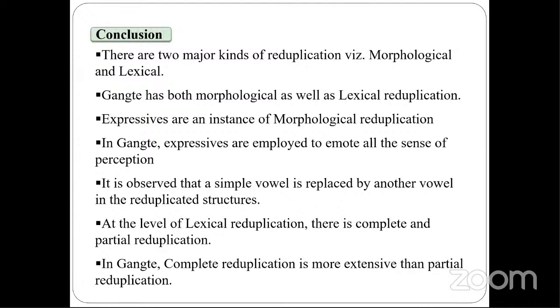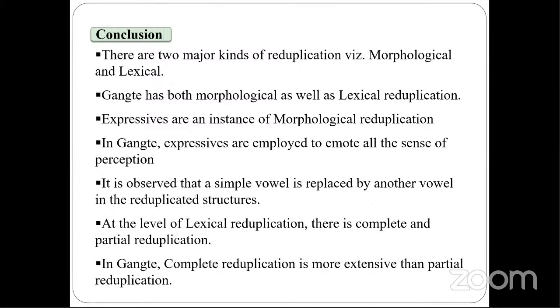So in conclusion, there are two major kinds of reduplication, that is morphological and lexical. Gangte has both. Expressives are in the sense of morphological reduplication, and in Gangte they are expressive. They are employed to emote all the senses of perception.